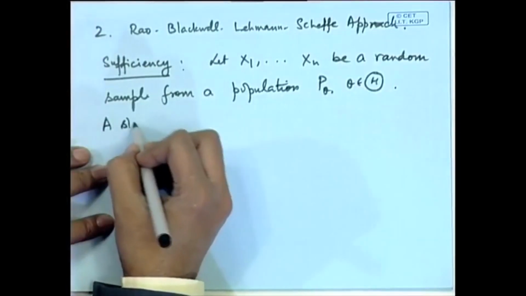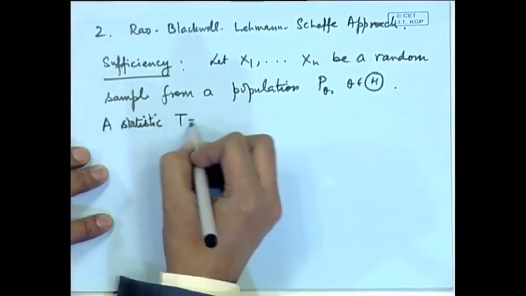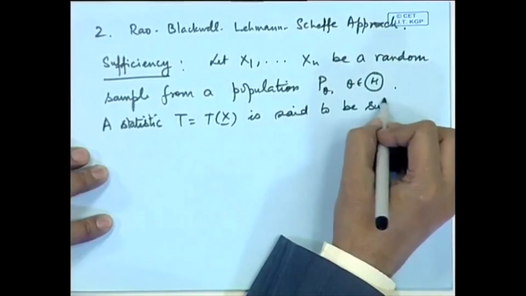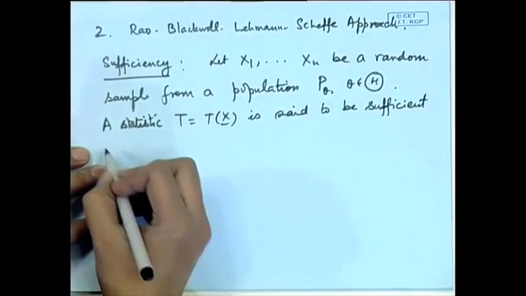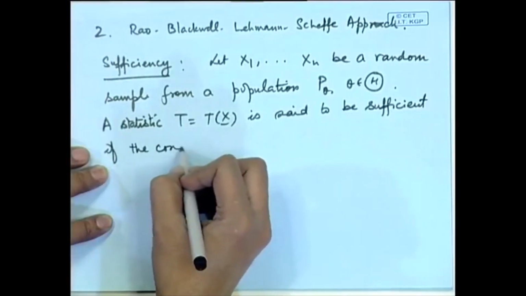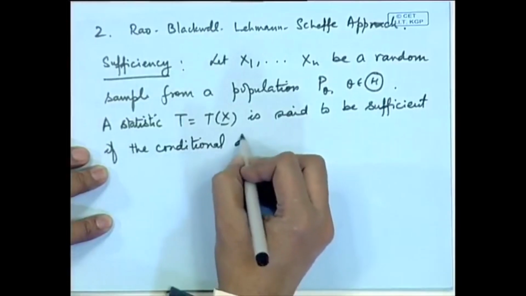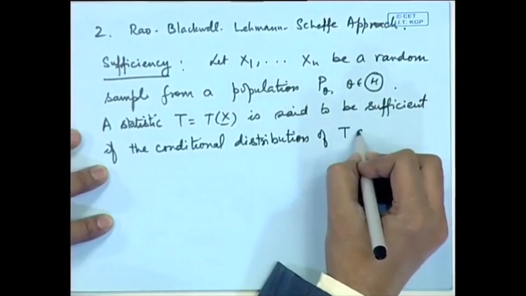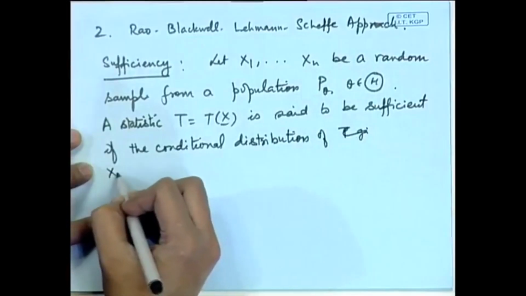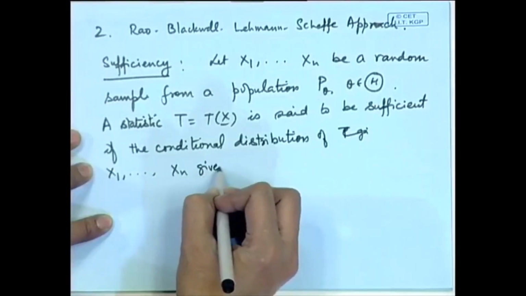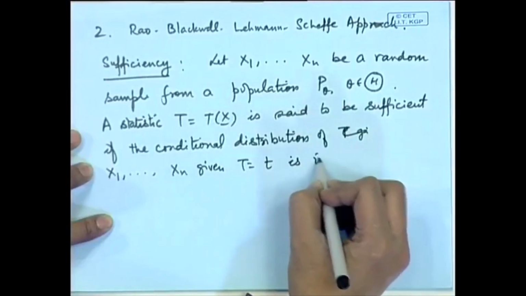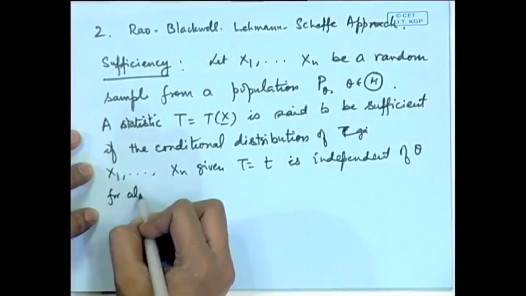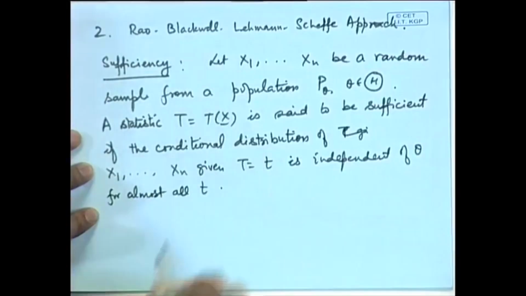Then a statistic T is said to be sufficient if the conditional distribution of X1, X2, ..., Xn given T = t is independent of theta for almost all t.